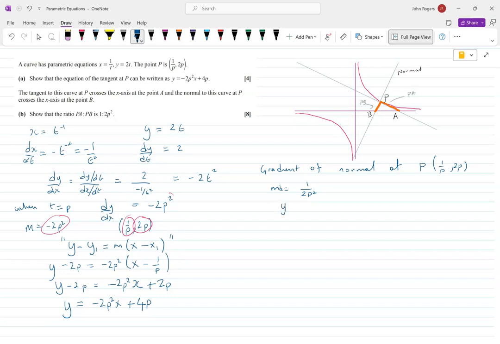So I'm going to use y1, so the equation of the normal, just like we find the equation of the tangent here. The equation of the normal is using y minus y1 equals m times x minus x1.